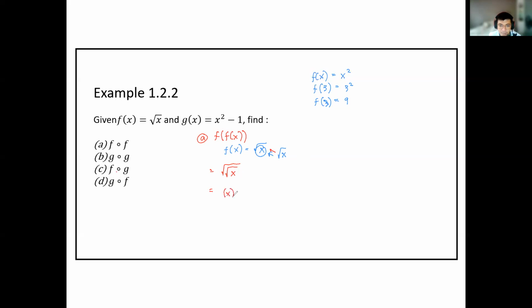So x to the power of 1/2, and then to the power of 1/2. By the basic power to power rule, this will give us x to the power of 1/4. So the final answer is that f of f of x is equal to the 4th root of x. That's the answer.